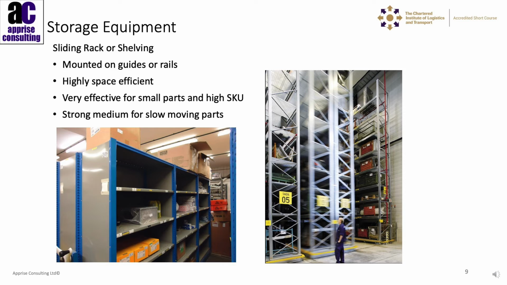So although it has the advantages of being able to store a lot of product in a small space, it takes much longer to put away and retrieve the product themselves. You may well have seen these sliding shelving in museums and in libraries, where you turn a handle and the shelves open up, you can get your item, and then close the shelving back up again.